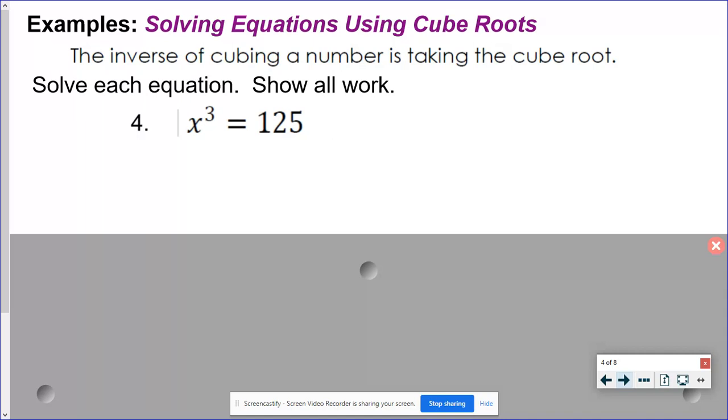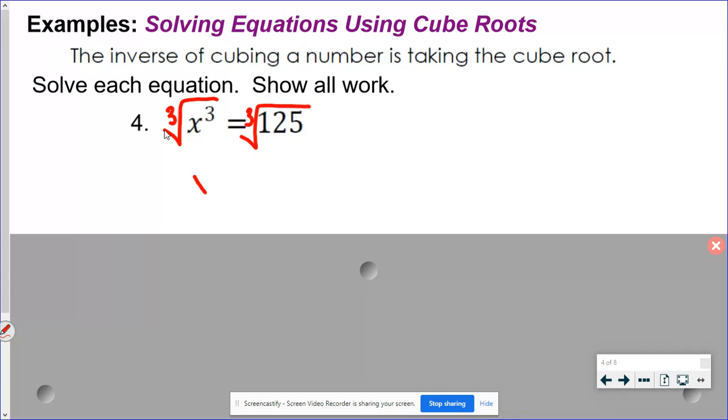If I have an equation that has a cube in it, I'm going to use cube roots to get rid of that. So the cube that's on the x, if you just say, oh yeah, I know that it's going to be a cube root, it's not a cube root right now. You have to make sure that that 3 gets into that corner. That's called the index.